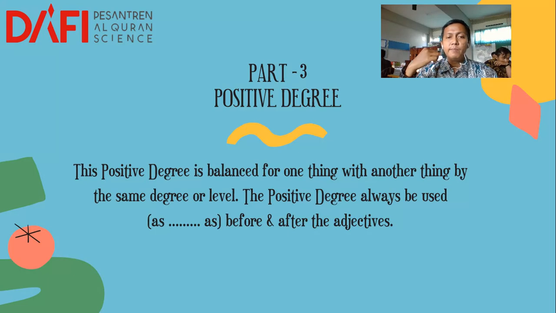Positive degree always uses as blah blah blah as, before and after the adjective. Don't forget, always remember: positive degree always uses as blah blah blah as.